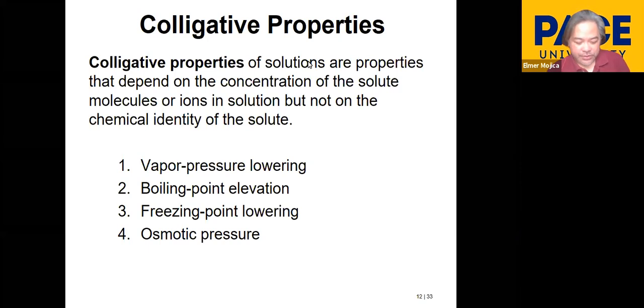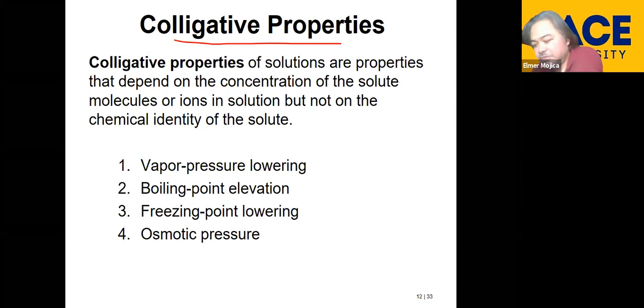Okay, we're going to continue with the next part of solution. We're going to talk about colligative properties. The definition of colligative properties: these are properties that depend on the concentration of solute molecules or ions in solution, but not on the chemical identity of the solute.